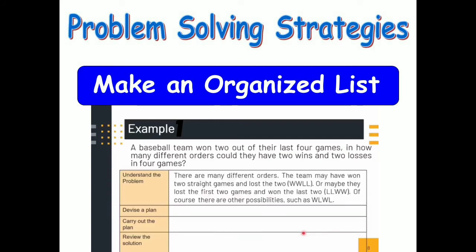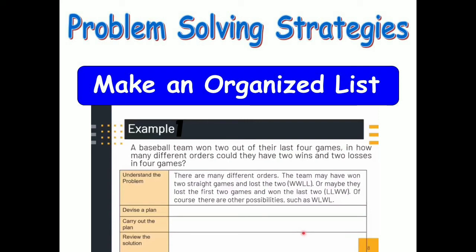There are many different orders. The team may have won 2 straight games and lost the 2. Win-win, loss-loss. Or maybe they lost the first 2 games and won the last 2. Loss-loss, win-win. Of course, there are other possibilities such as win-loss, win-loss.